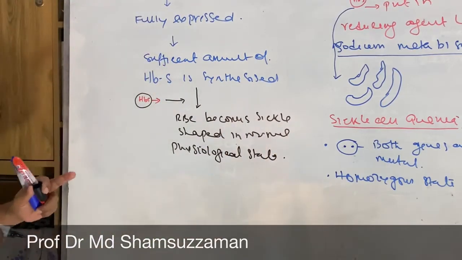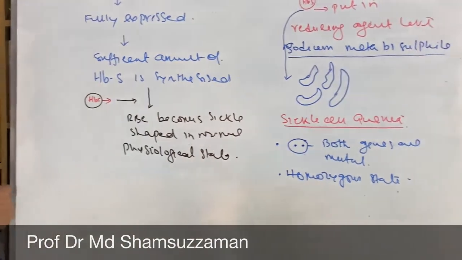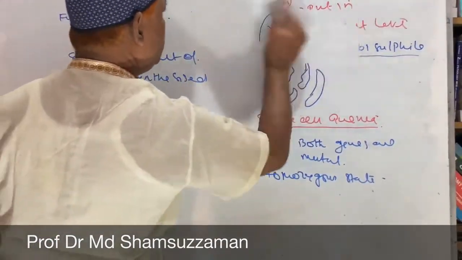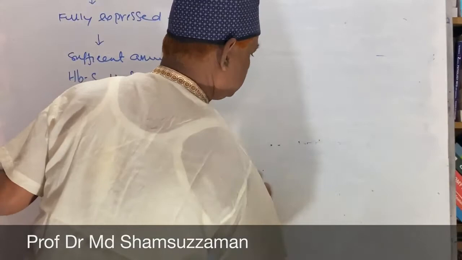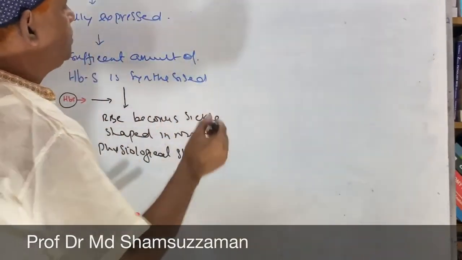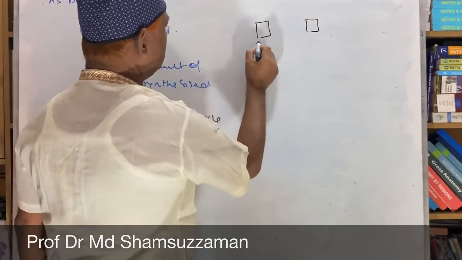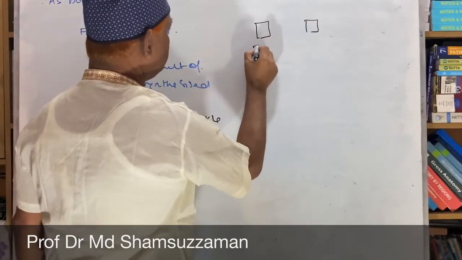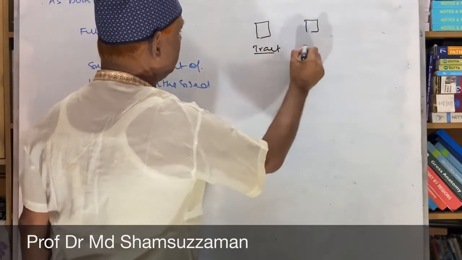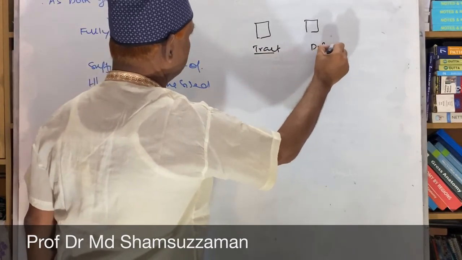What I want to mean here, suppose one individual has the trait and another has the disease of anemia.